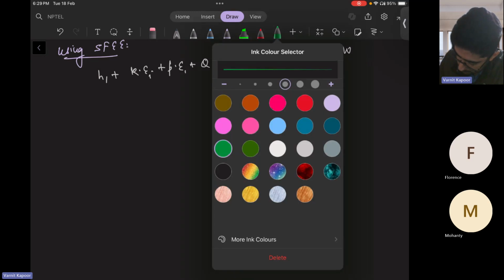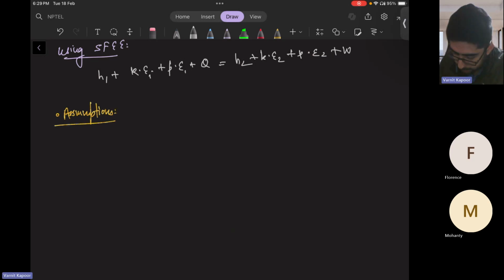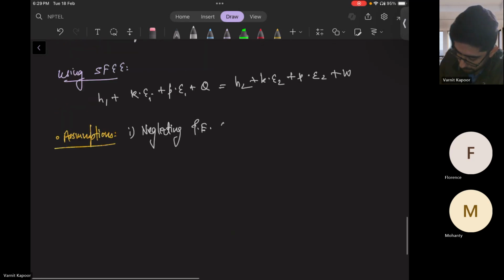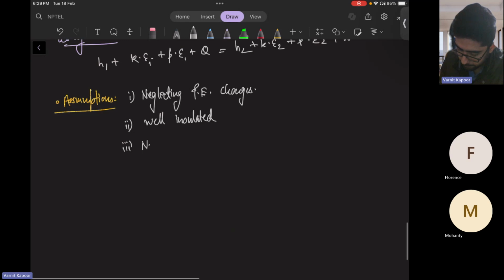What are your assumptions here? The first is neglecting potential energy changes. Second is well insulated. Third is no work interaction.